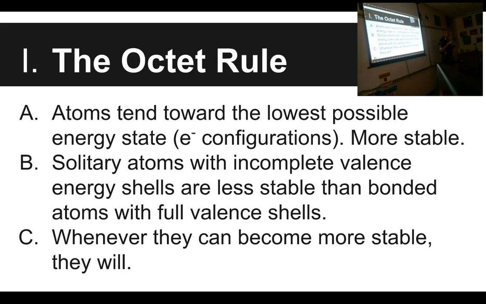And so an atom that has 3 or 4 or 2 or 1 electrons in its outer shell, in the valence electron shell, is less stable than an atom that has a full valence shell, that has all 8 electrons filled in its outermost level. And so the atoms want to seek that state.